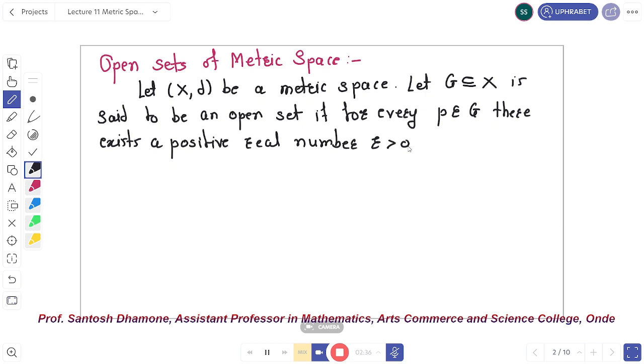(X, d) is a matrix space and G, a subset of X, is said to be an open set if for every P belonging to G there exists a positive number r greater than 0 such that the open ball about this point P with radius r is again contained in G.